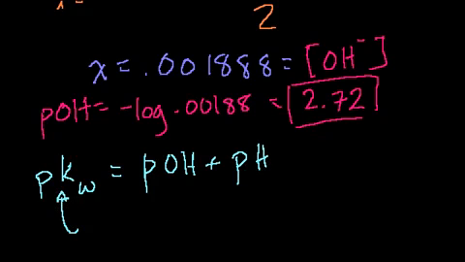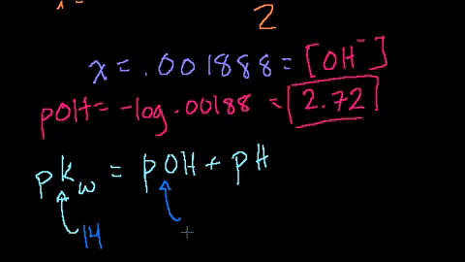This at 25 degrees is 14, because you have 10 to the minus 14 molar concentration. Well, actually, I don't want to go into that. You have 10 to the minus 7 of each of these. But anyway, this is the equilibrium constant for the dissociation of water. When water is neutral, the concentration of OH is 10 to the minus 7. But we take the minus log, this becomes 7.